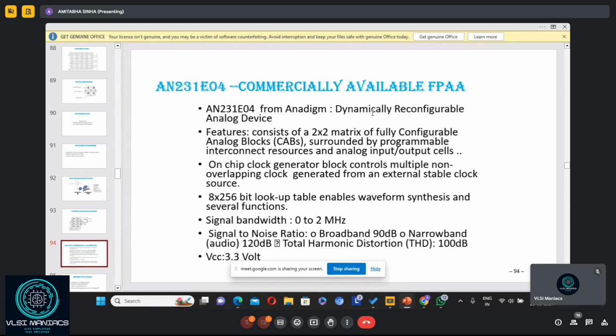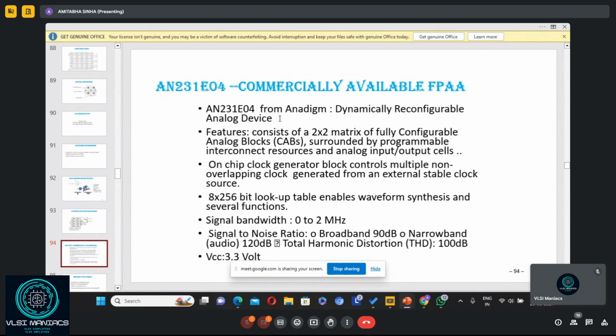What they announced is a dynamically reconfigurable analog device. Now I believe you understand why they are called dynamically reconfigurable analog devices. Because dynamically you can change the contents of the bit stream of SRAM. I mean, the hardware, the platform, is the same, but just by changing the bit stream, the hardware is getting changed.